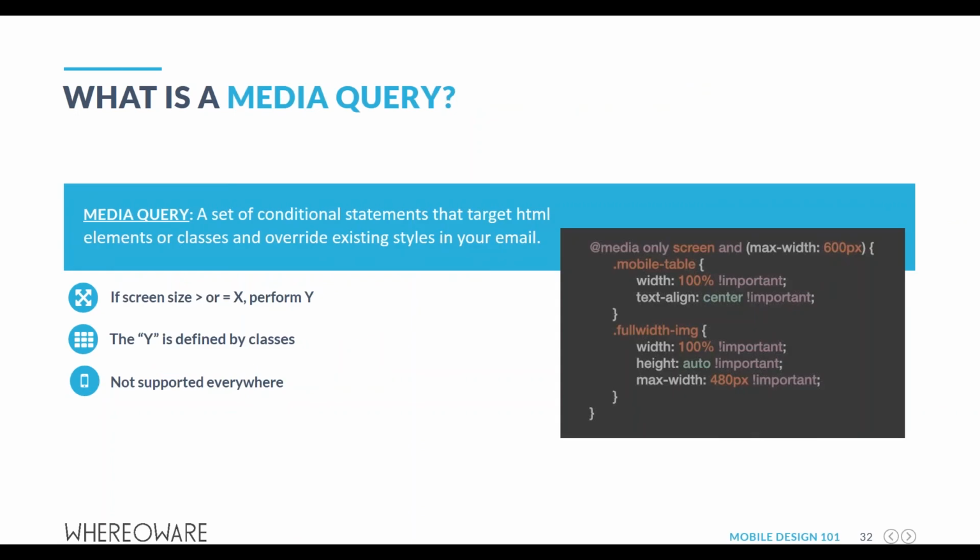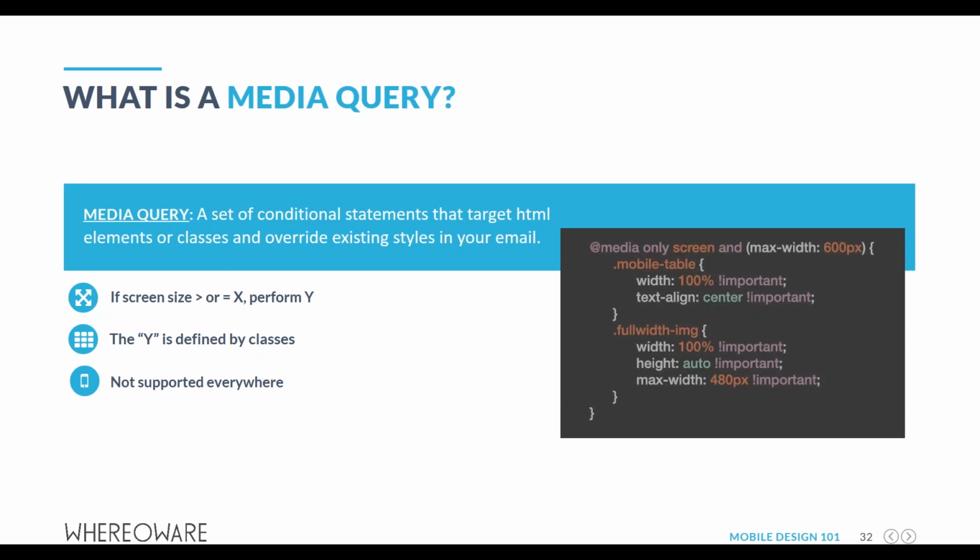So to try to make it easy to understand, we've tried to break down responsive email coding into these 4 sections. And Stan and I have often heard from our clients, what's that line of code that I can add to my emails to end up making this responsive? And that's just not the case. So we're going to have a couple of different steps here to make sure we're following a couple of different best practices to actually make this work. And the first step, like we mentioned before, is we need to create a media query.